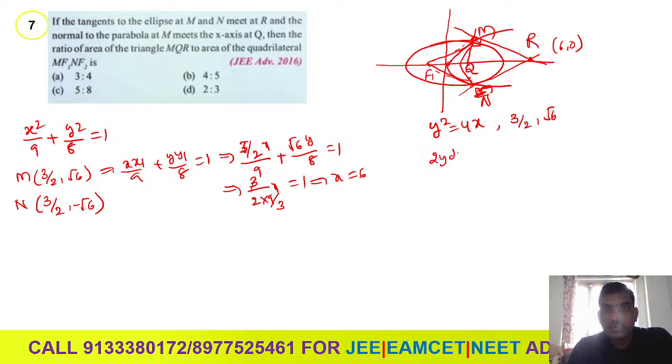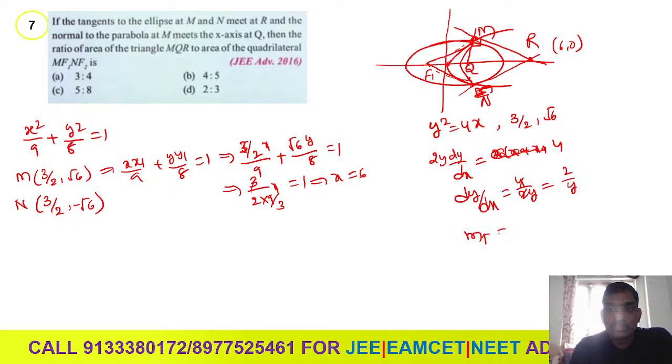Then 2y dy by dx is equal to 4, differentiating. Then dy by dx is equal to 4 by 2y, and then it is 2 by y.